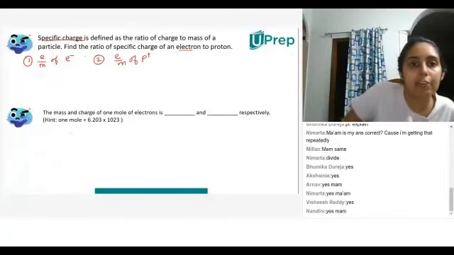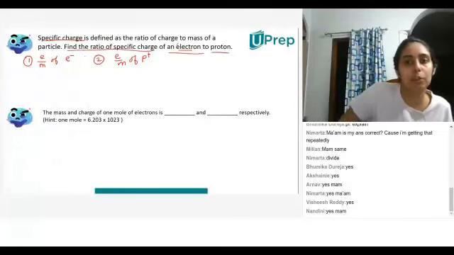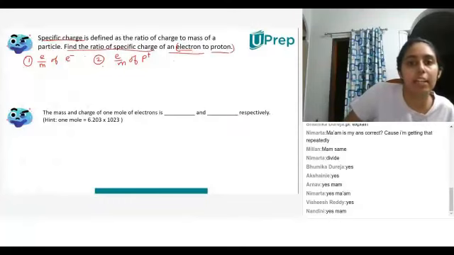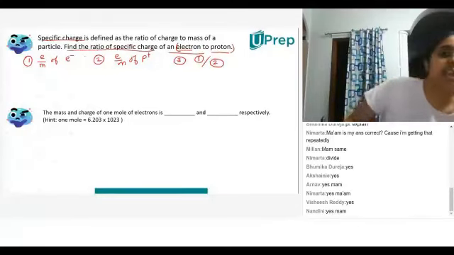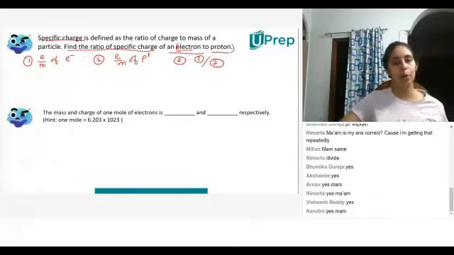And then we need to find the ratio of specific charge of an electron to proton. Electron to proton, that means we need to divide. So for the third one, we need to divide 1 by 2. That will give us the ratio of specific charge of an electron to proton.